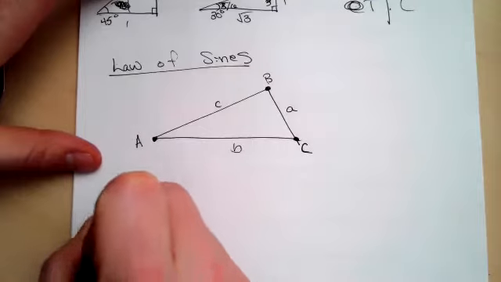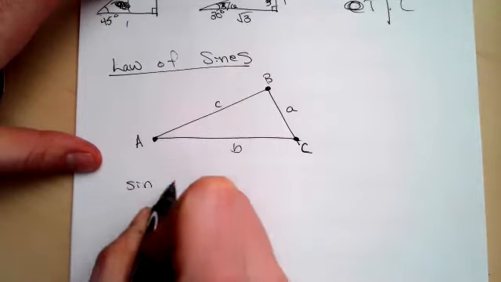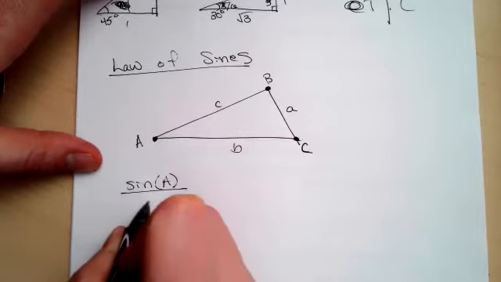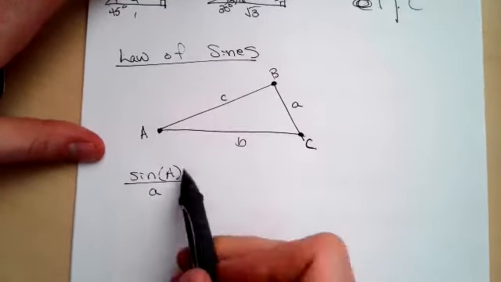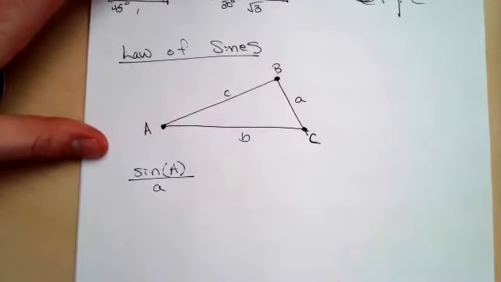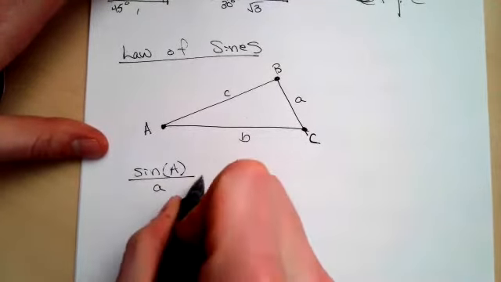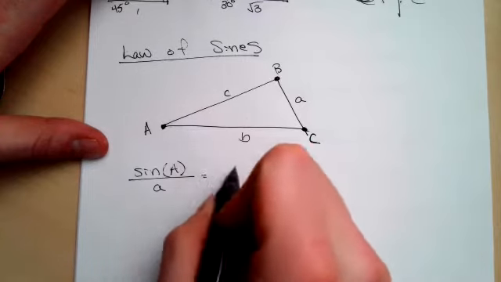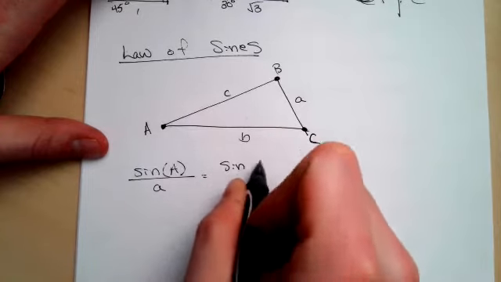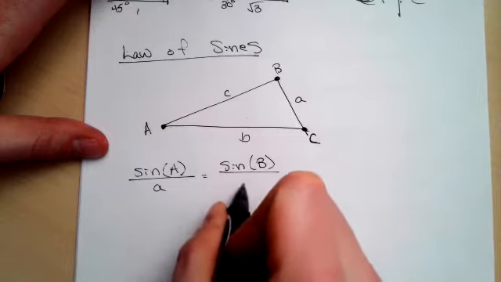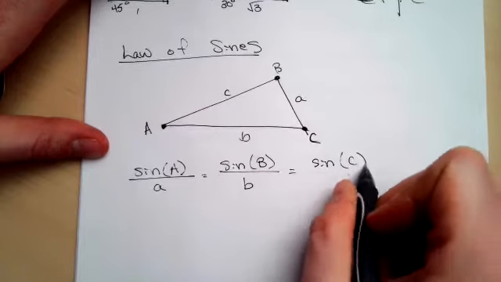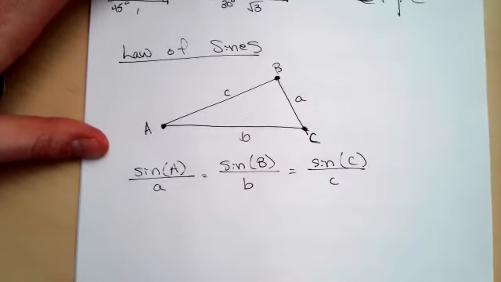Mathematically, that means if I take the sine of an angle and divide it by the opposite side length, then that is going to be the same for all corresponding ratios of the triangle, meaning that sine A over A is equal to sine of angle B over B is equal to sine of angle C over C.